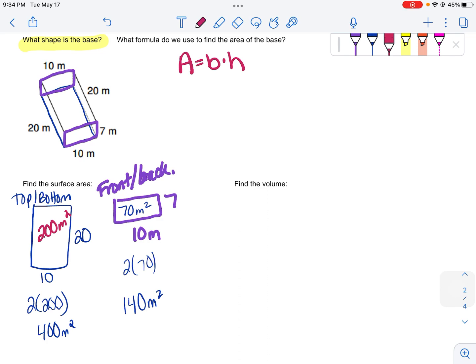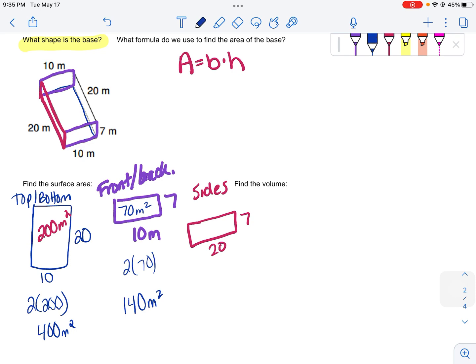And then finally, we have the side pieces. These are narrow rectangles along the sides. Those side pieces have dimensions of 20, and if you look carefully, it can get a little confusing, but it's by 7. It's the same measurement as this. So they are 20 by 7. And it's a rectangle again, so area of a rectangle is base times height.